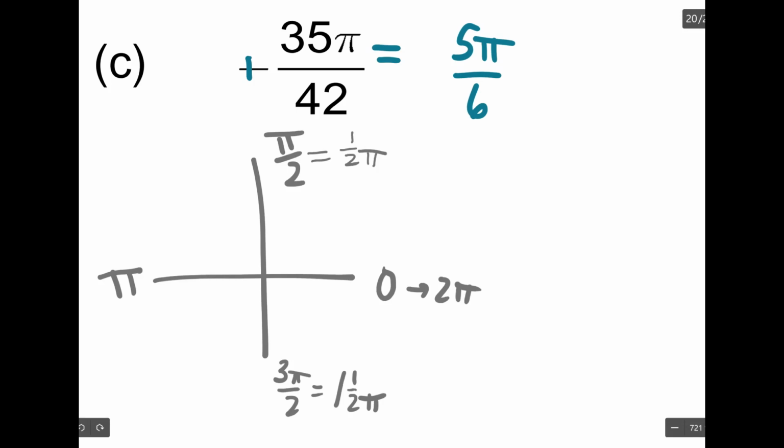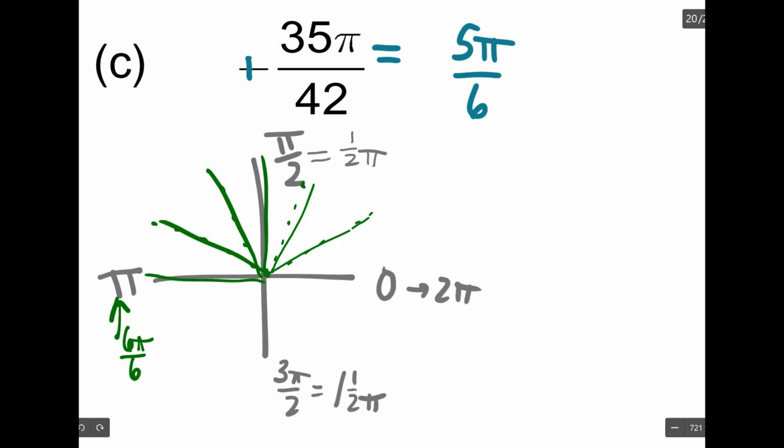So I know that this over here would be 6 pi over 6, because that's the same thing as 1 pi. So I'm going to draw some dotted lines here to help me figure out where to stop. I'm breaking it into 6. So now there's 6 equal slices: 1, 2, 3, 4, 5, 6.